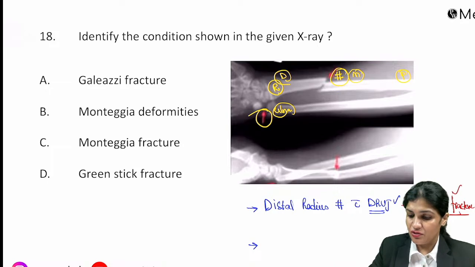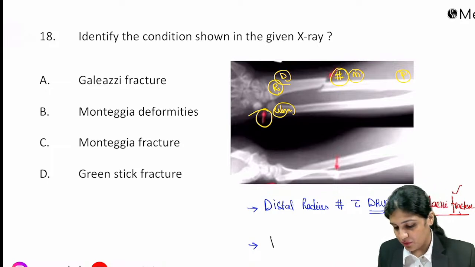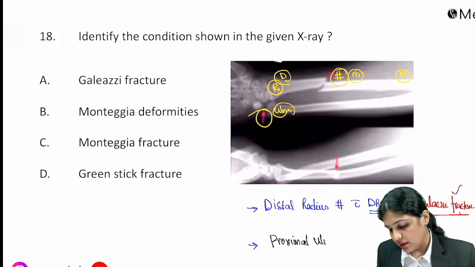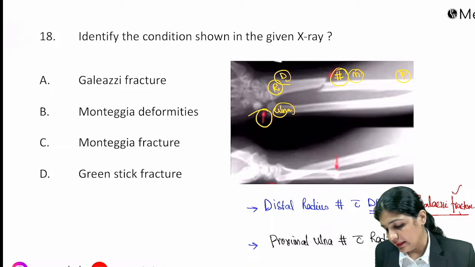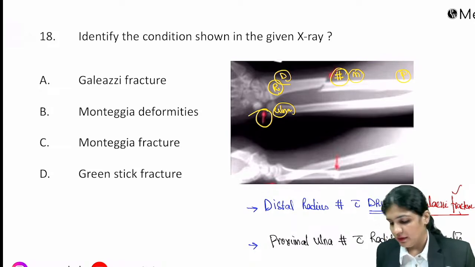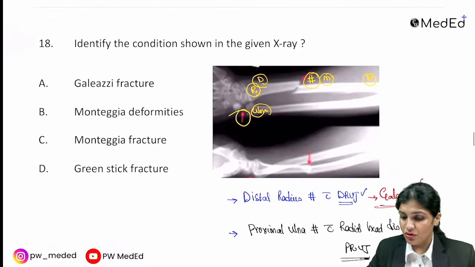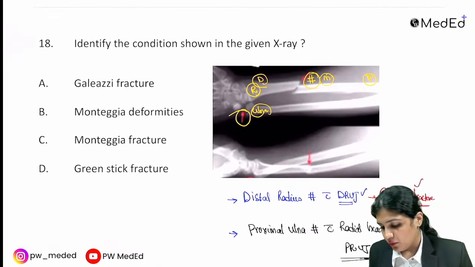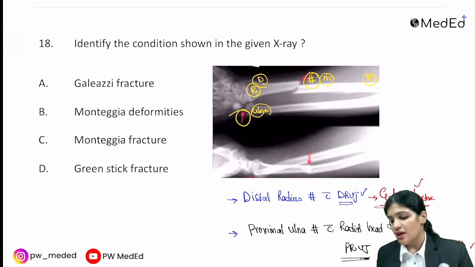And reverse of this, whenever there is a proximal ulnar fracture with radial head dislocation or proximal radio-ulnar joint involvement, that is your Monteggia fracture.